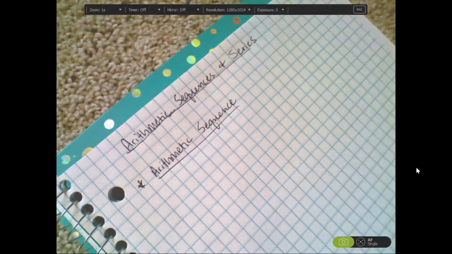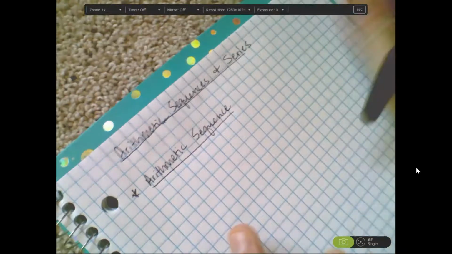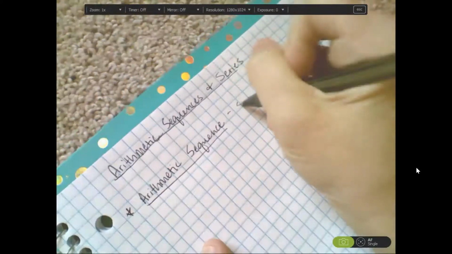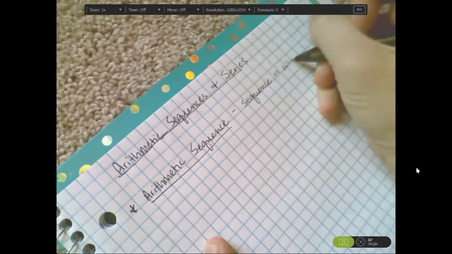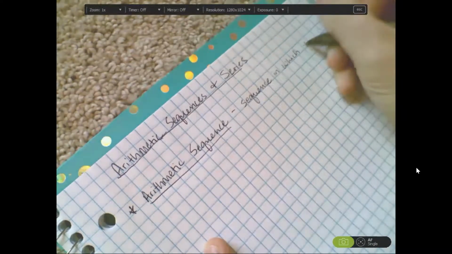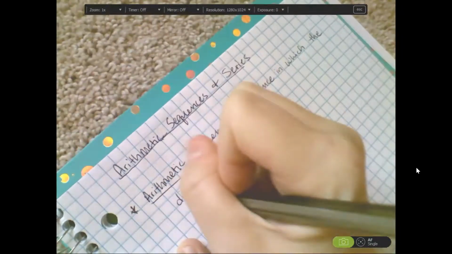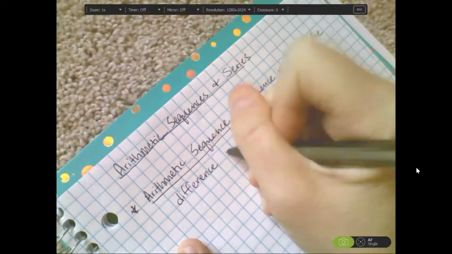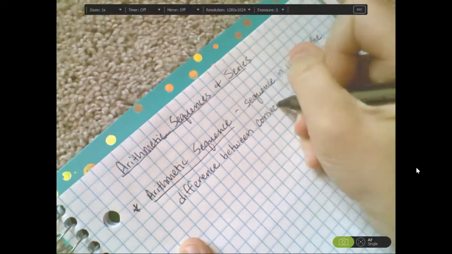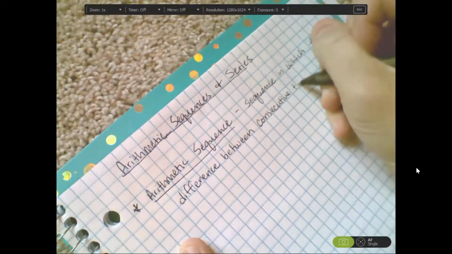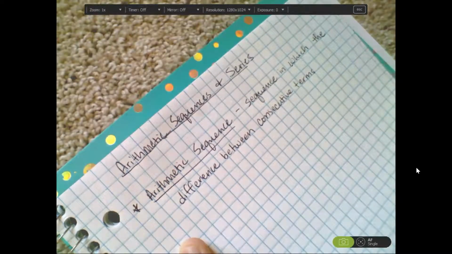But it means that we're adding or subtracting the same number every single time to get the next number in the sequence. So we would define it as a sequence in which the difference between consecutive terms is constant.